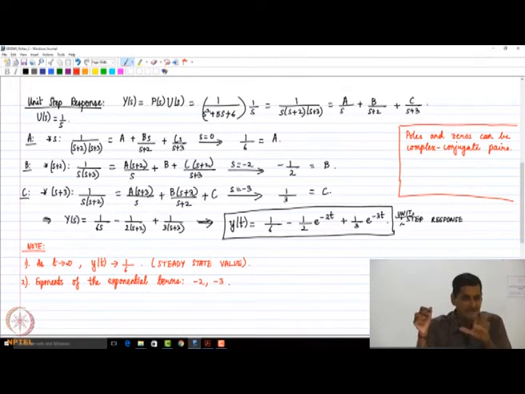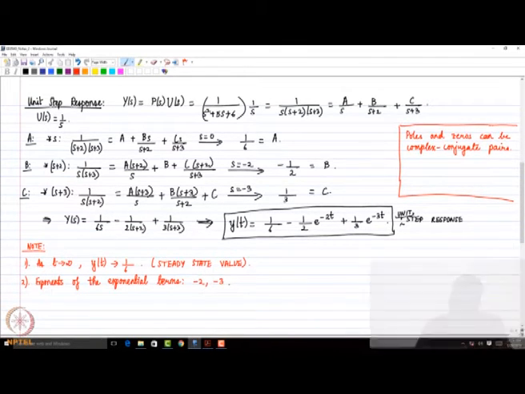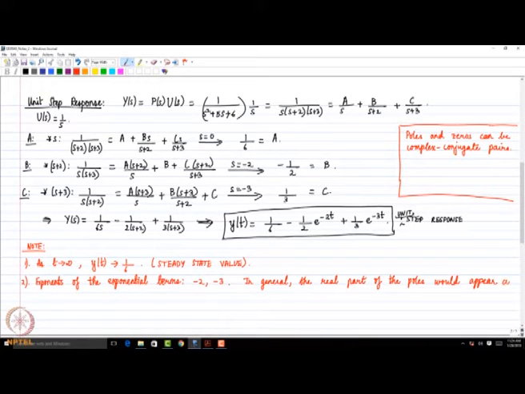We could generalize it, but to be more pragmatic, I am going to write a statement which we are going to use. In general, the real part of the poles would appear as the exponents.